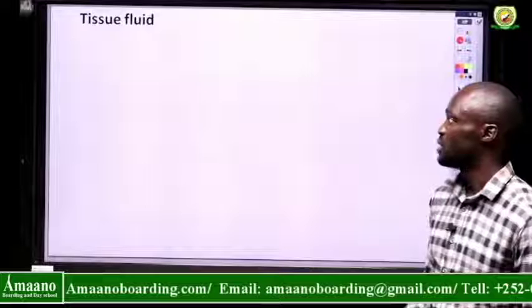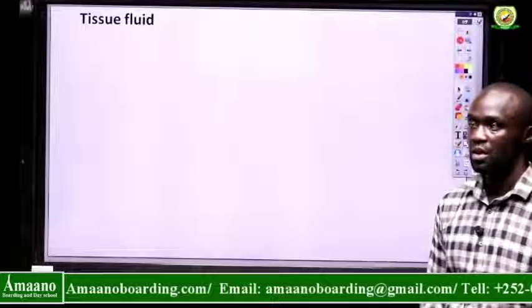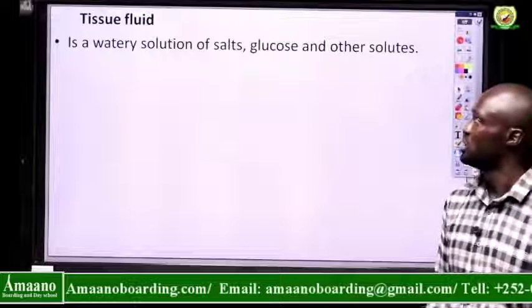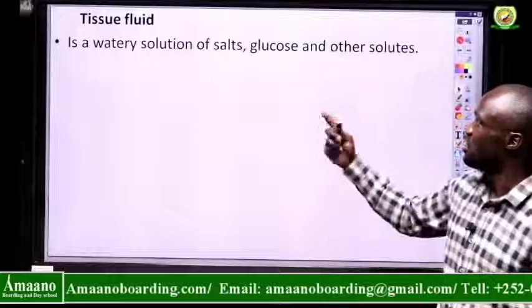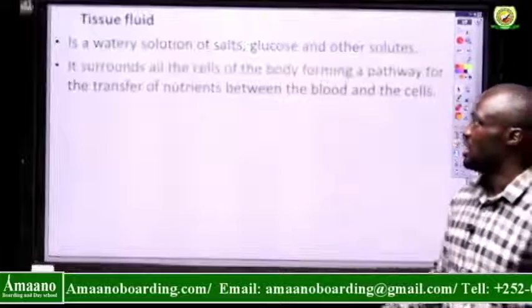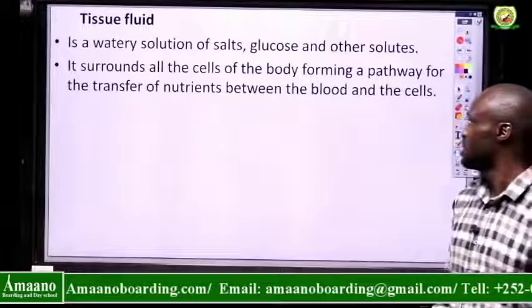So we come to tissue fluid. By tissue fluid, we mean a watery solution of salts, glucose, and other solutes in our body. This tissue fluid surrounds all body cells.